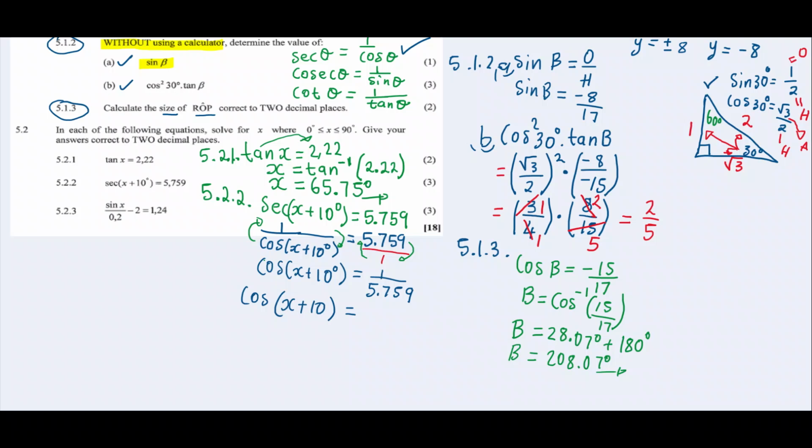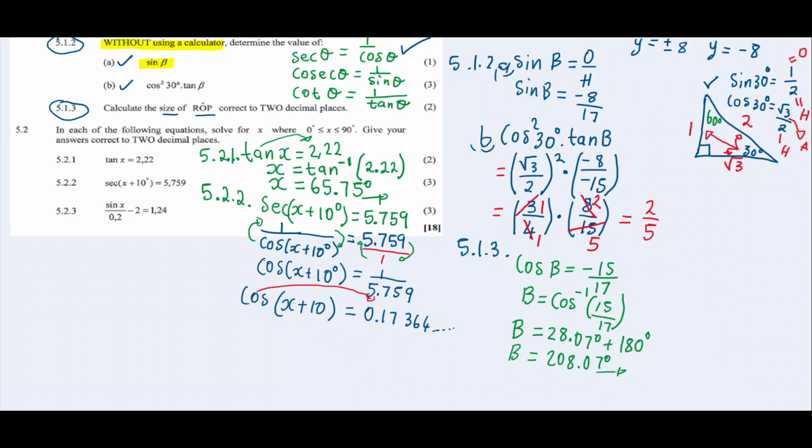Now it becomes easier to solve, because the part on the right we can just quickly write on the calculator to simplify it, and we will get 0.173641 and it continues.